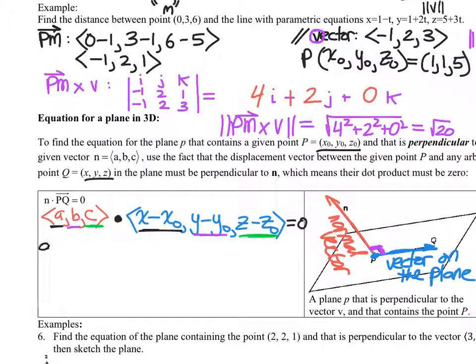All right, so we're looking at AX minus AX sub O plus BY minus BY sub O plus CZ minus CZ sub O equals 0.